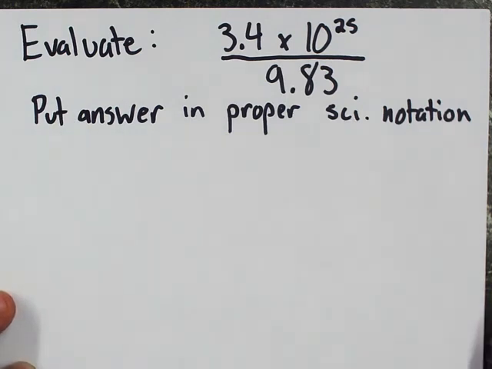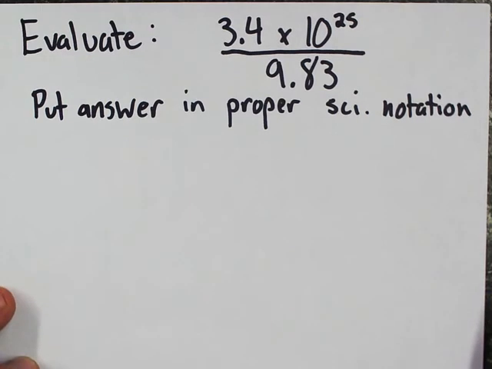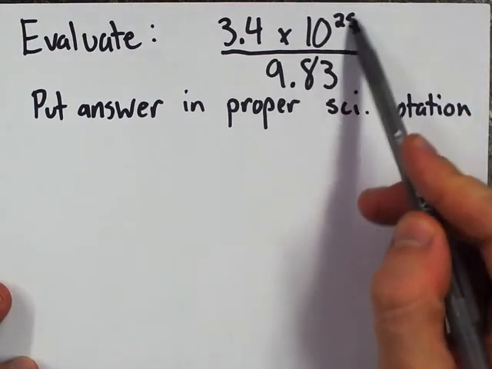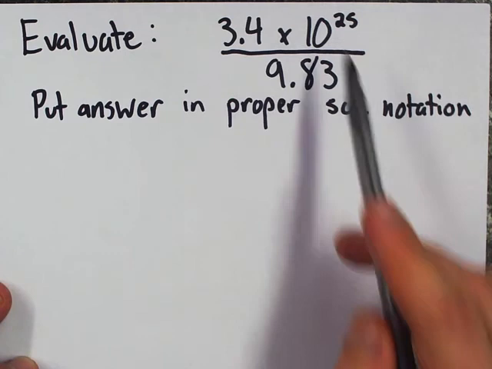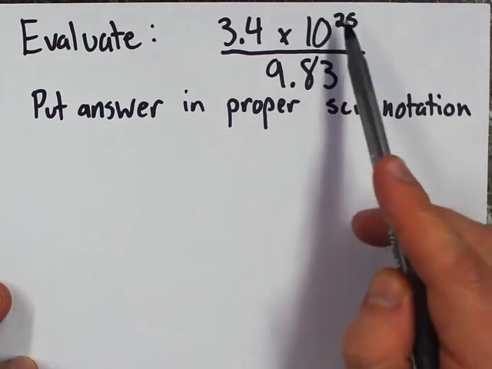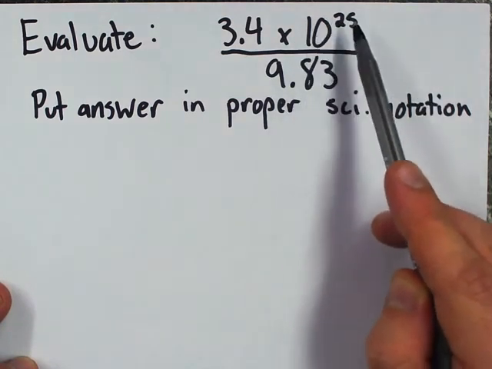Our rule that we went over in class for evaluating multiplication and division problems with scientific notation is to just ignore our base and our exponent. We saw this a little bit in the other video, but we were doing multiplication there, so here we're going to do a little bit of division.